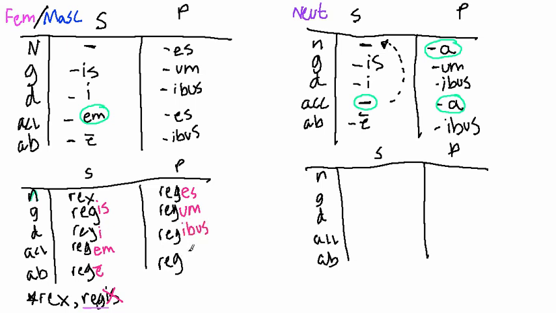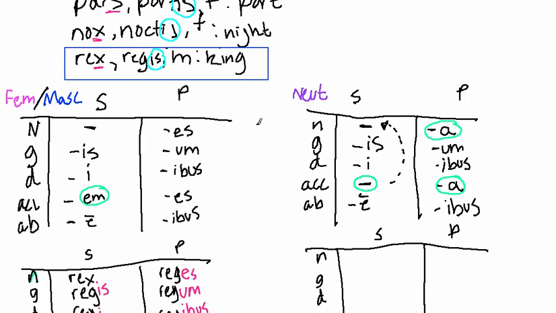Oh, excuse me, I skipped the accusative. Didn't write enough regs. Reg for, I'll just write the whole word, regibus, reges, and then regibus for the ablative. Okay, so there you have it, a masculine example declined in the third declension.